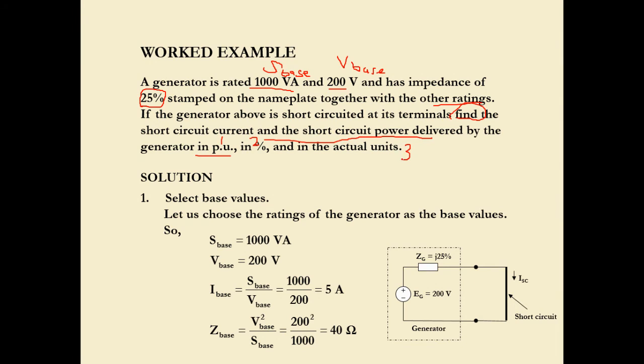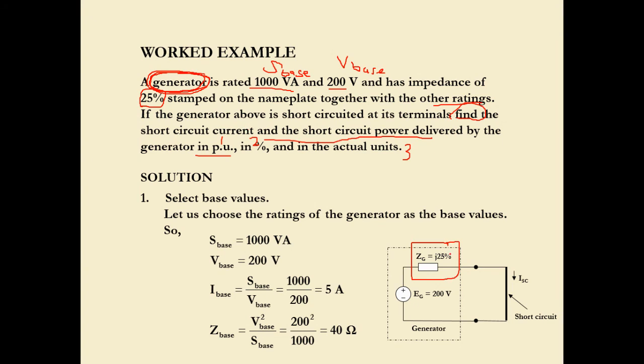Solution. This is the circuit diagram of the above question. We have the generator impedance ZG. This is a generator, not a transformer, that's why we have a different notation over there. Generator, only one side.